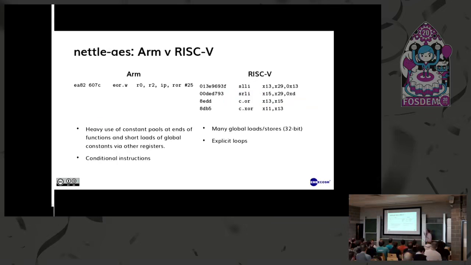And very quickly, you see things like here, the ARM augmented instructions, where you've got an exclusive OR of R2 and IP into R0, but you're allowed to actually rotate the second operand. So you've got these synthesized operands. That's really useful for cryptographic things. It gets heavy use in NetAES, the AES function.